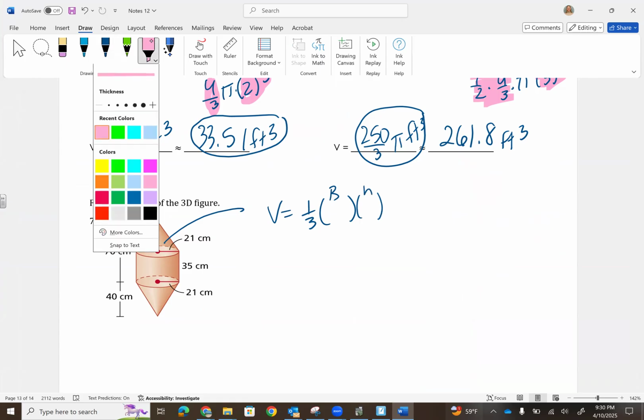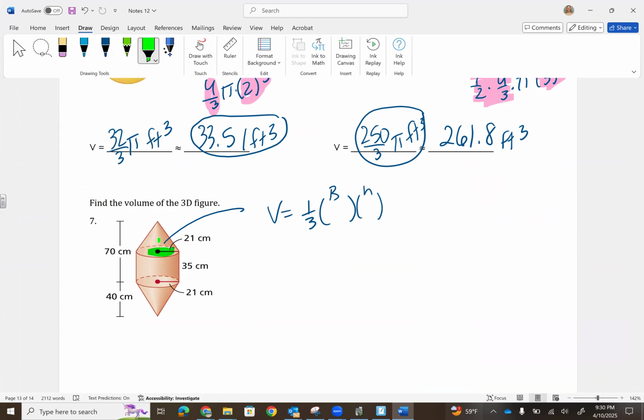The base in this case is a circle, and the height is this length right here. So 1/3 area of that base, which is 21 squared pi. The height, it looks like this total distance is 71 or 70. This part right here is 35. And so that means the height here will also be 35.